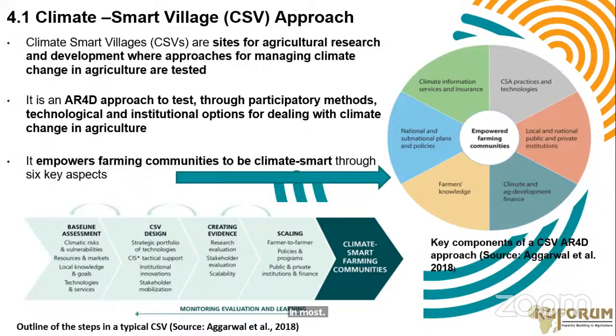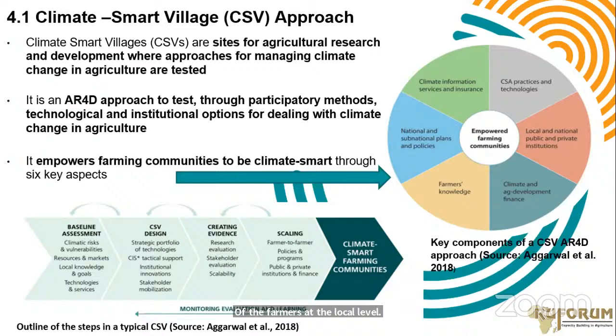The other aspect is the policy, which is part of creating the national and subnational conducive policy environment that can support climate smart agriculture. And so the process, as it were, is about understanding the context by doing baseline assessment, understanding the resources that are available and the priorities of the farmers at the local level.